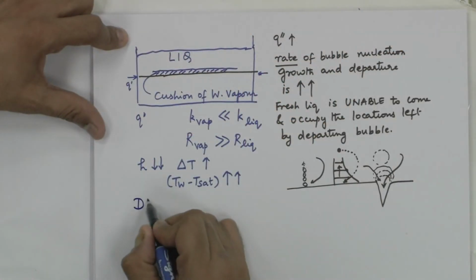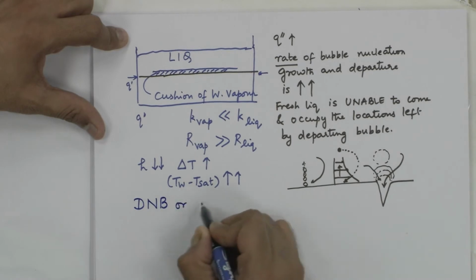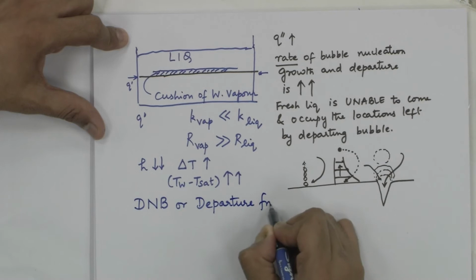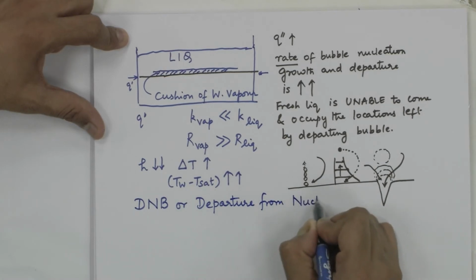That cause for this kind of a degradation leads to the same effect, decrease in the heat transfer coefficient, manifesting itself as an increase in the wall temperature. Manifesting means what you see as an experimentalist, what the people see. So, wall temperature rises, exactly the same thing, but the mechanism which causes it is called DNB, or departure from nucleate boiling.